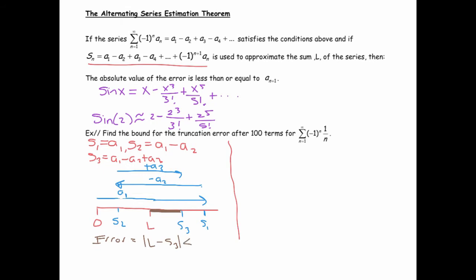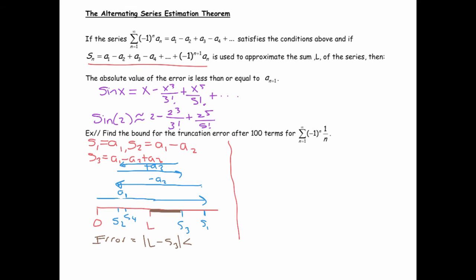Notice that's going to be less than the fourth partial sum, because the fourth partial sum is going to shoot me back past the limit. I'm sorry, I think I said it was less than the fourth partial sum.